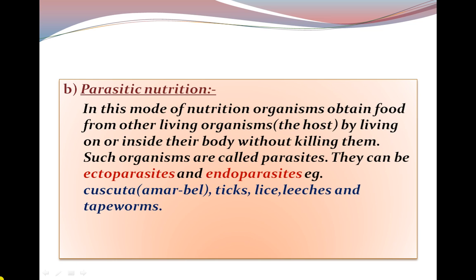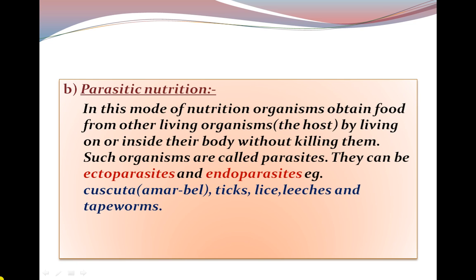The second type of heterotrophic nutrition is parasitic nutrition. In this mode of nutrition, the organisms obtain their food from other living organisms by living on their body or living inside their body without killing them.